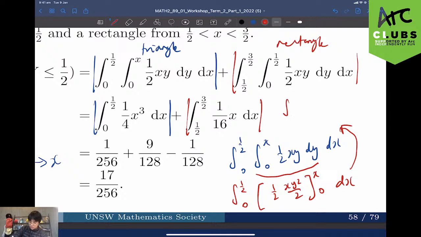And that's going to be half a quarter x cubed, which is what we get here, because we have to sub the x into the y because we integrated with respect to y.